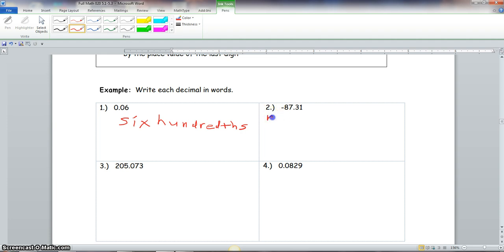We could write negative 87, we have to use that hyphen there.